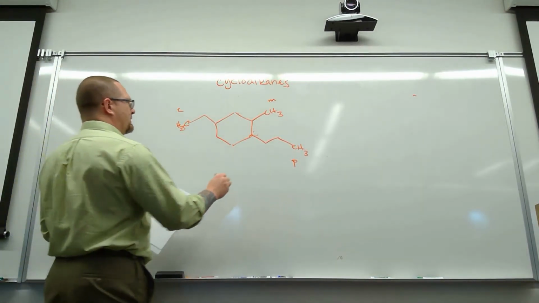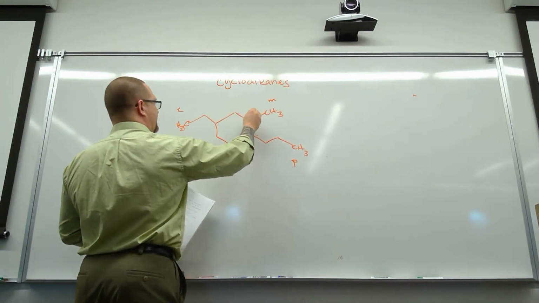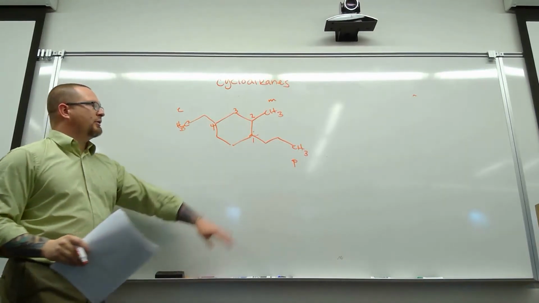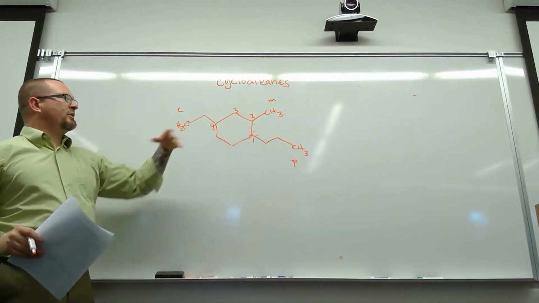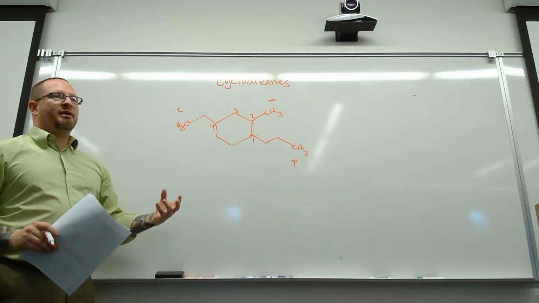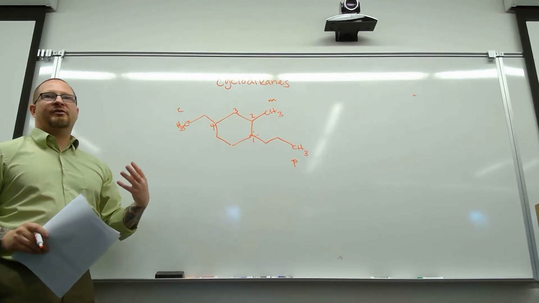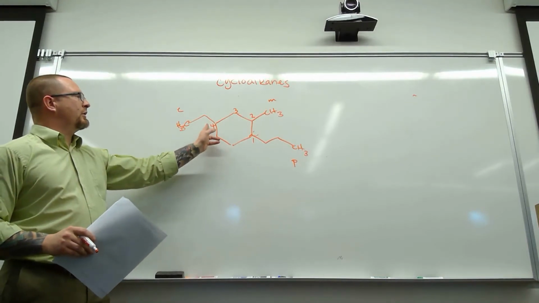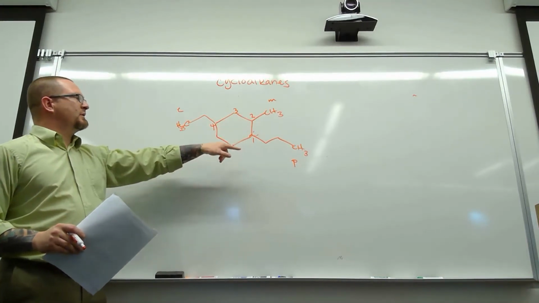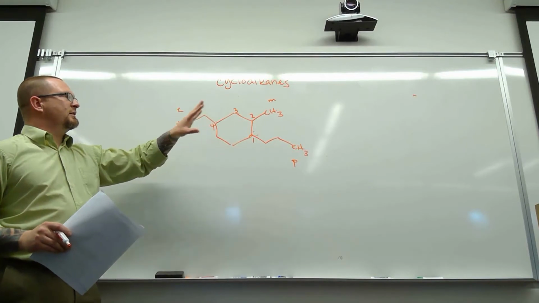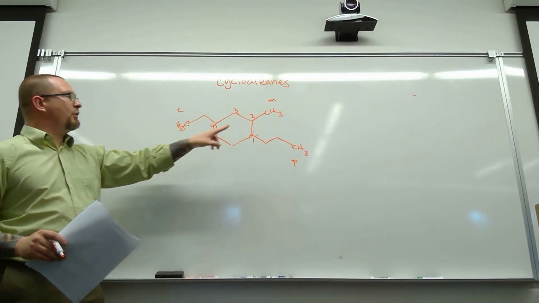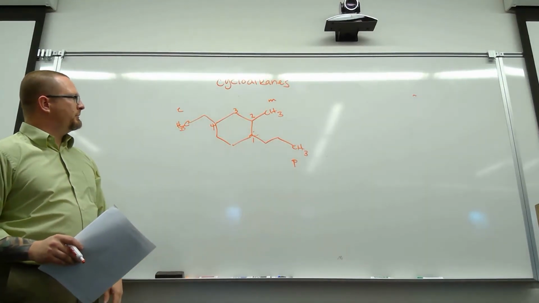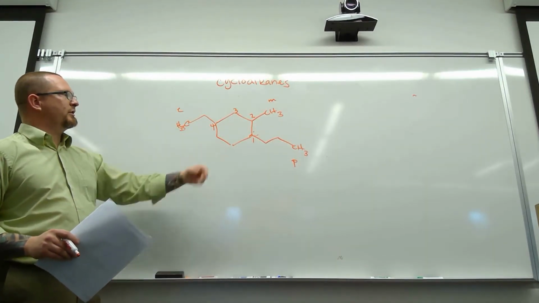So 1, 2, 4, because the sum of 1 plus 2 plus 4 is 7, and that's going to be our lowest possible total value of substituents. Versus 1, 5, 6, which would give us 12. Or if I went this way, would be one more also.